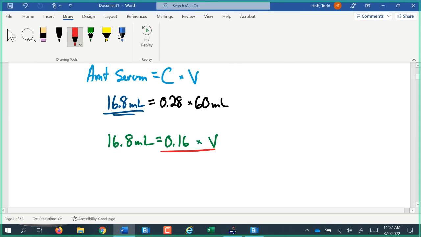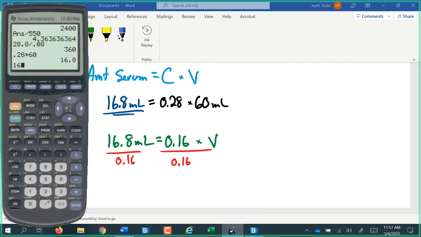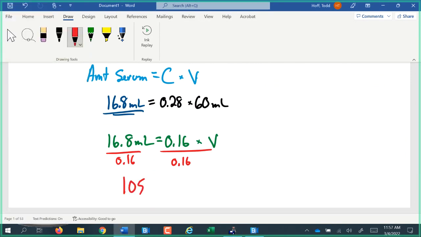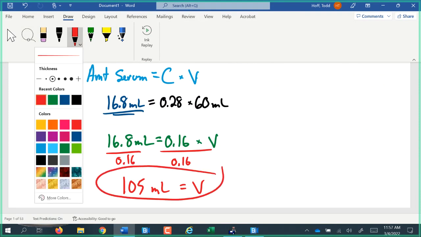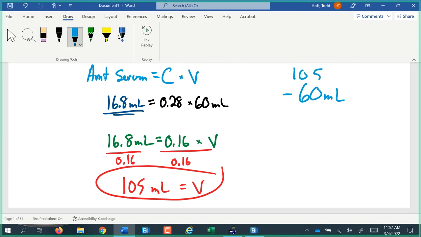So we divide by the 0.16, giving us 105 milliliters. That is our new volume. So then to figure out what we would add for water, it's just a matter of taking the old volume, 60 milliliters, subtracting it from the new volume of 105 milliliters to get that we would add 45 milliliters saline.